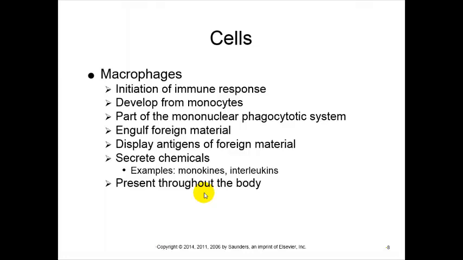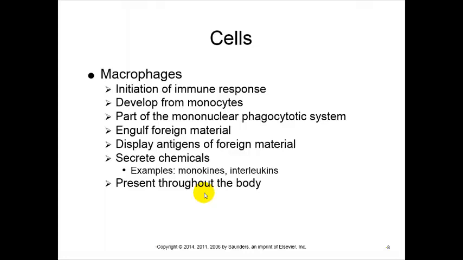They typically engulf the foreign material, whether it be a virus or bacteria, and after it engulfs it, all the little parts that are antigenic will be pushed to the surface of the macrophage. The macrophage will present the antigen that it ingested to a T cell or a B cell, and it's going to attract those cells, and they're going to bind to the antigen.